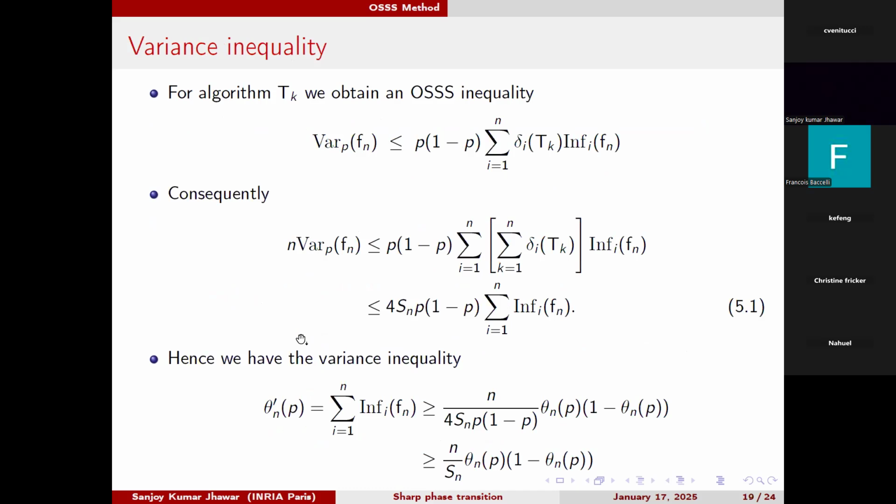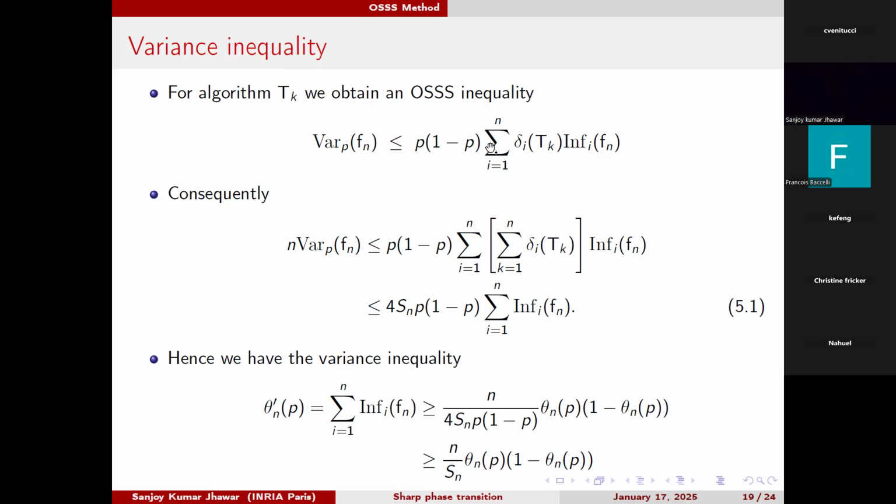Okay, so if we have algorithm Tk, then using the OSSS inequality we have a variance inequality that deals with the revealment probability and the influence of each of the edges. I should have written this sum as the sum over all the edges, not the sum from i equal to 1 to infinity, but 1 to n.